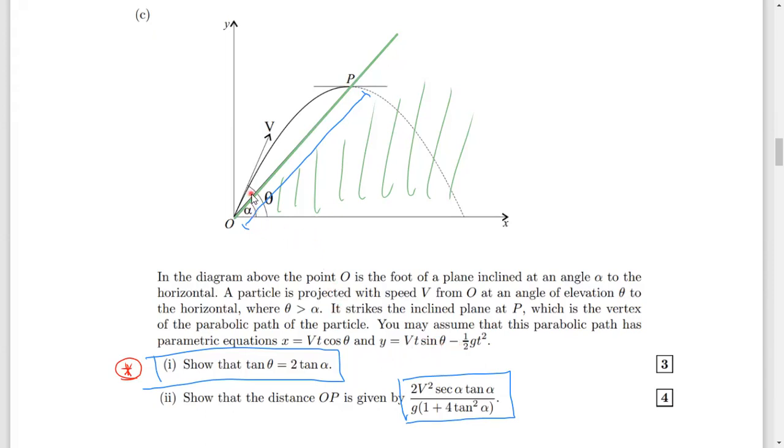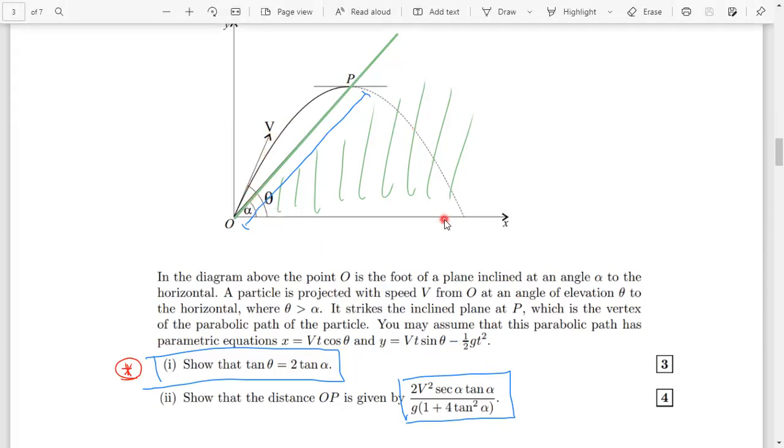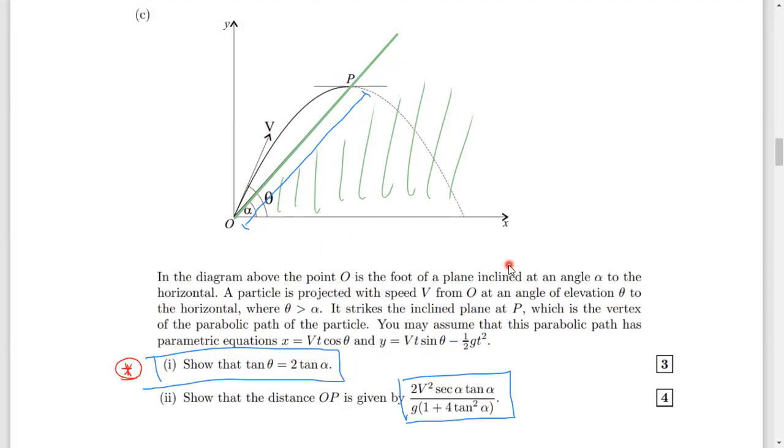So alpha is general, theta is general, v is general, you have some sort of curve, that's general. All of that's very general. But there is one and only really realistically one piece of information that is specific to our path, and that is here. It strikes the inclined plane at P, which is the vertex of the parabolic path.